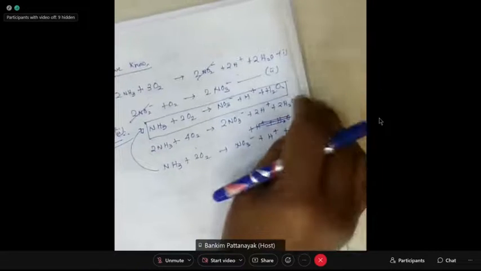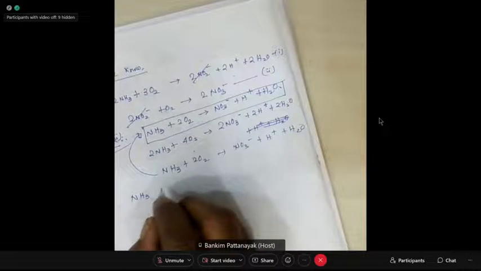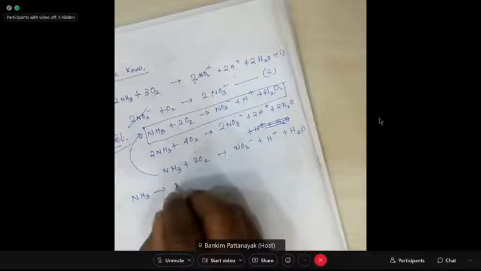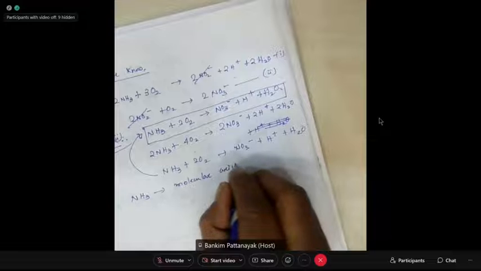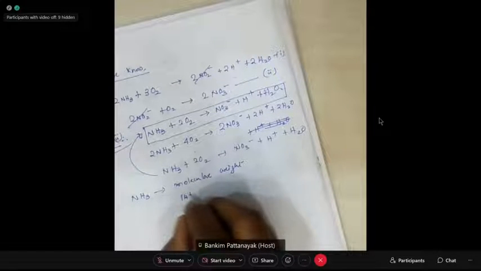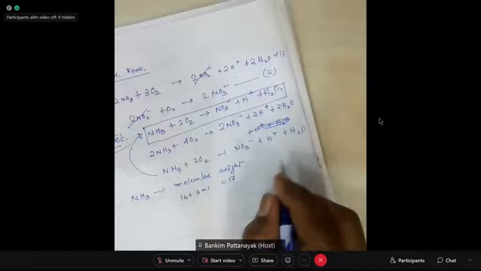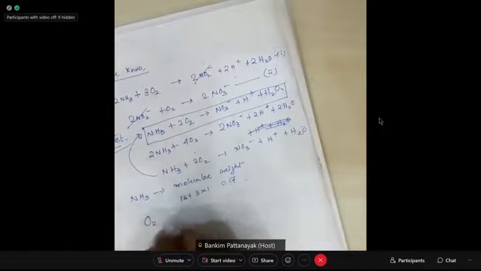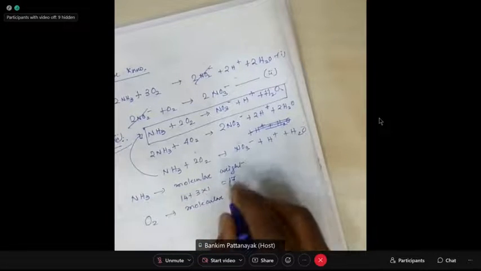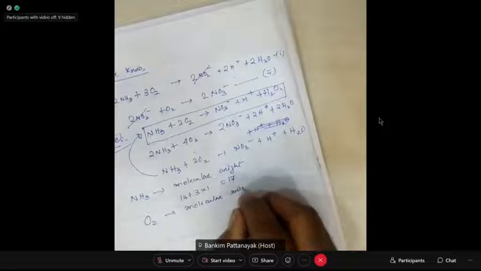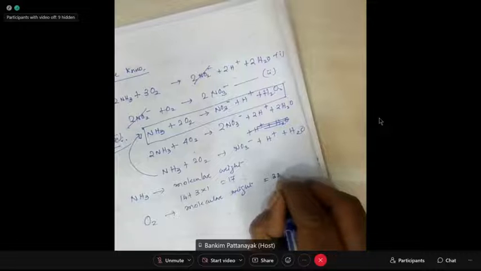So now NH3 molecular weight is 14 plus 3 into 1, equal to 17. O2 molecular weight is equal to 32.